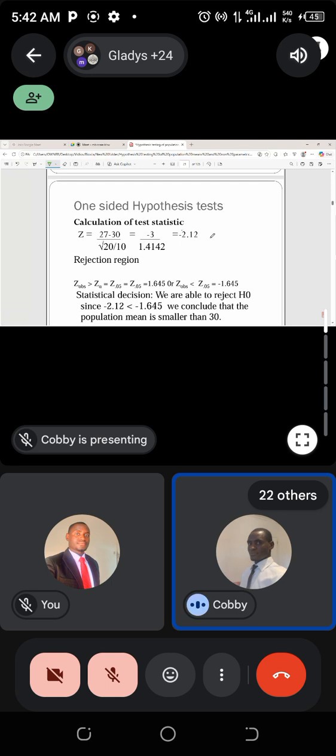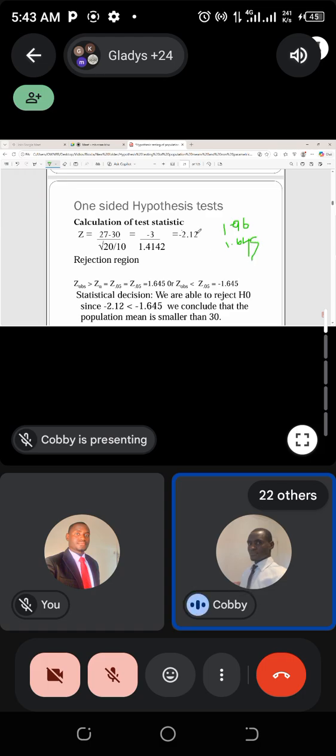We are no longer using 1.96. 1.96 is for two-tailed. For one-tailed, the critical value is 1.645. Okay, this is the critical value.